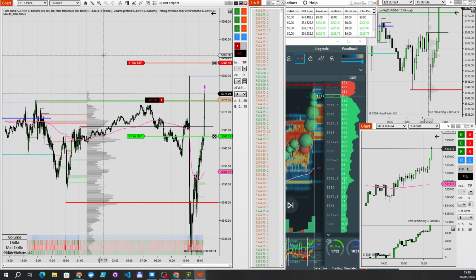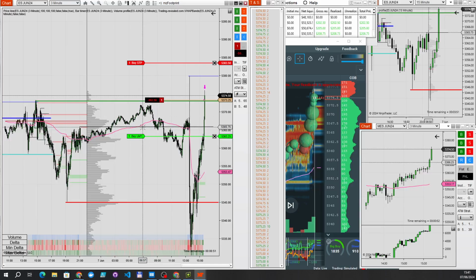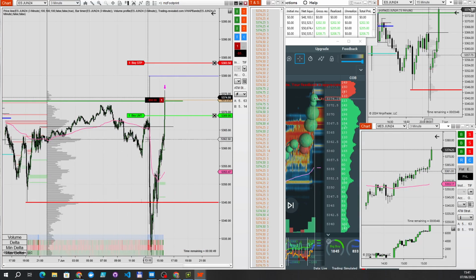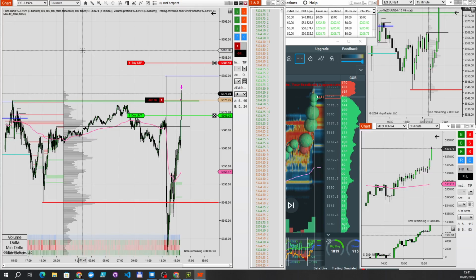But it's okay. That's alright. What a crazy push. Should be some sort of reaction of this level to the downside. 75 is loading shorts.